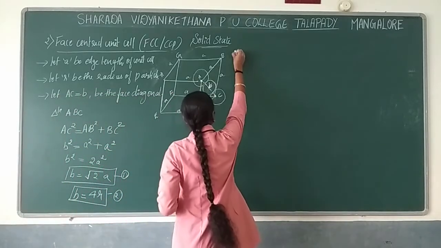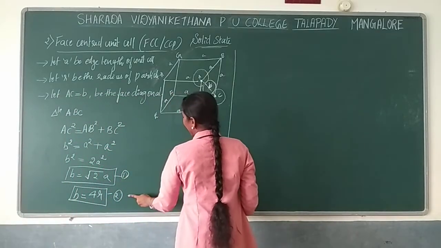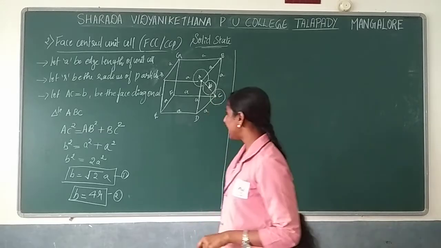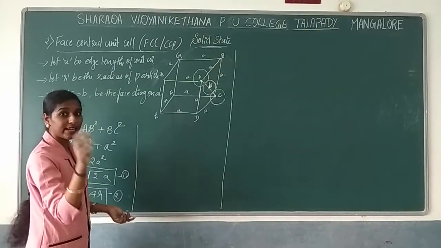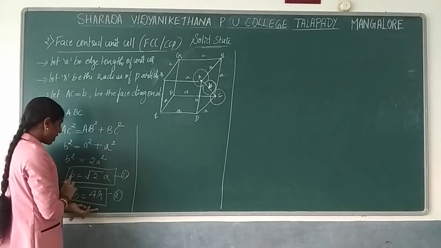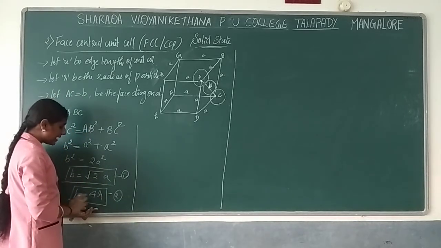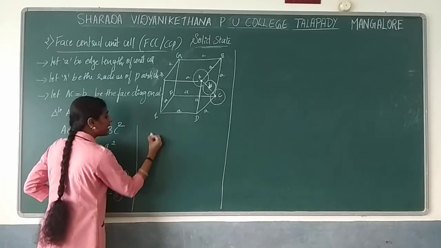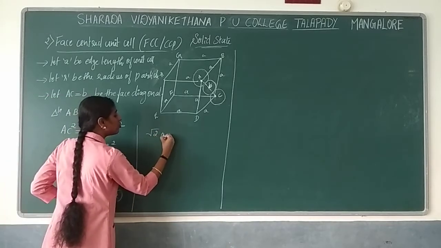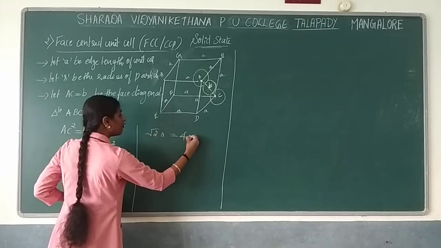Now I have to relate this 1 as well as 2. In your book, write neatly. B is equal to root 2A, and B is equal to 4R. So root 2A is equal to 4R.